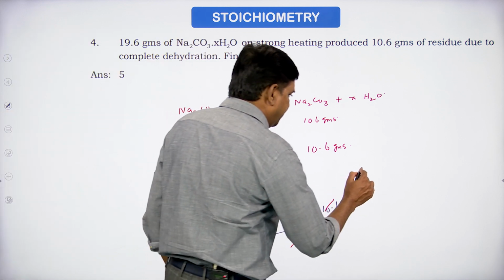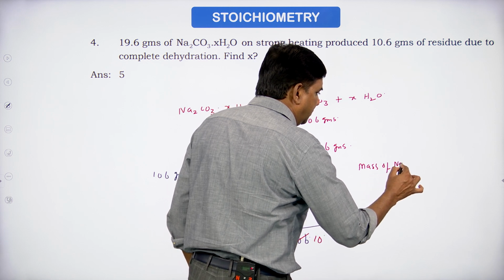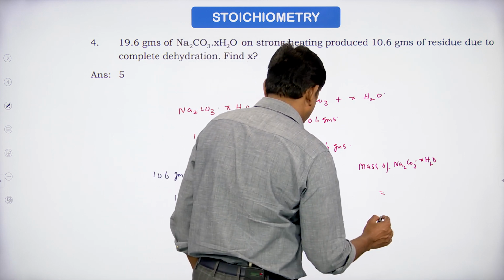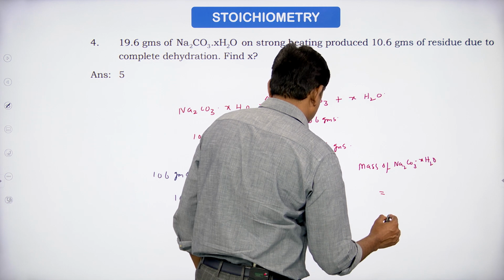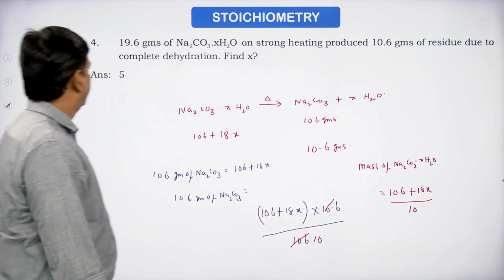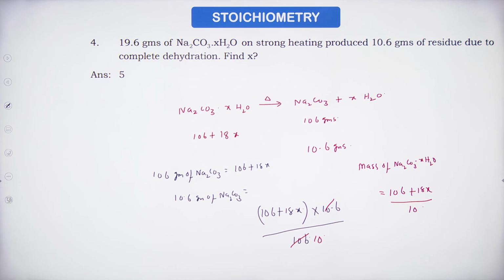So, here the mass of Na2CO3 XH2O is 106 plus 18x by 10. Yeah, students, this is Na2CO3 XH2O.